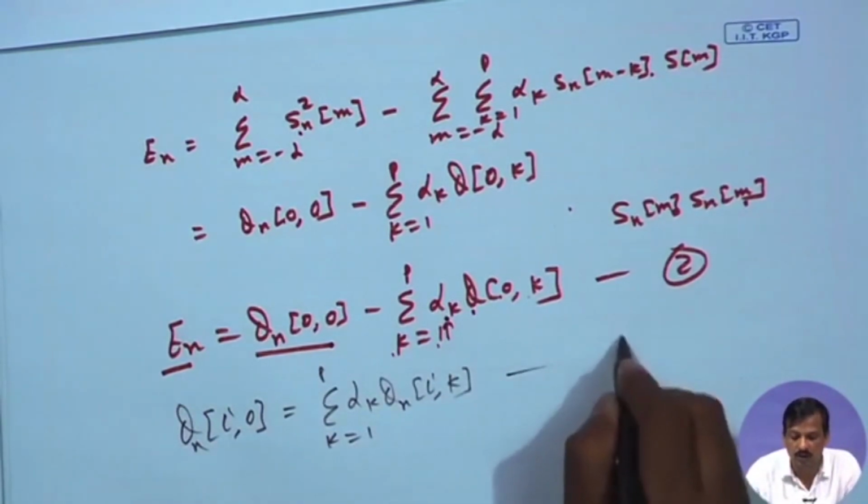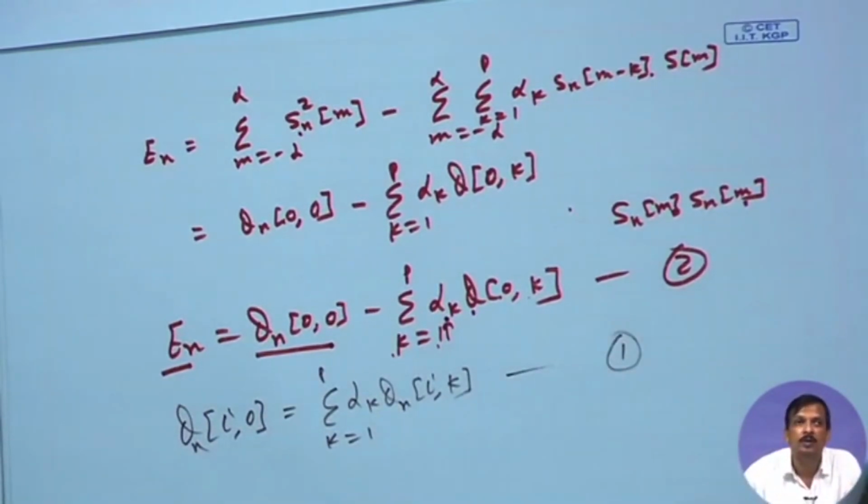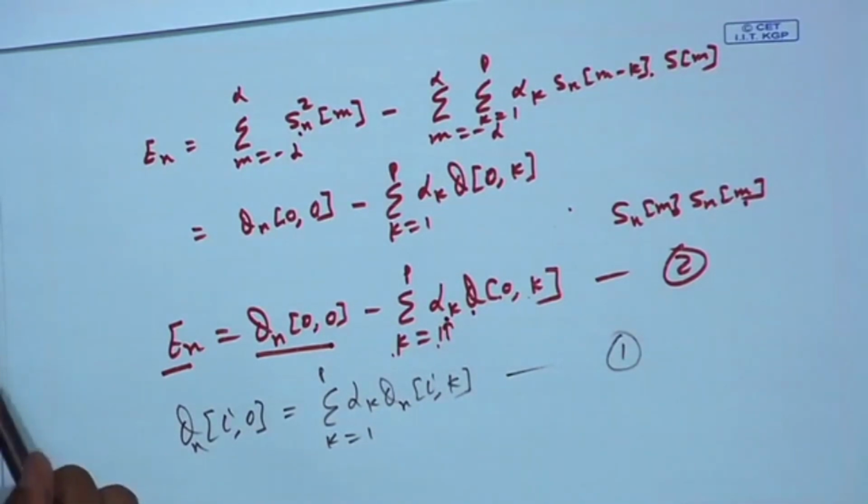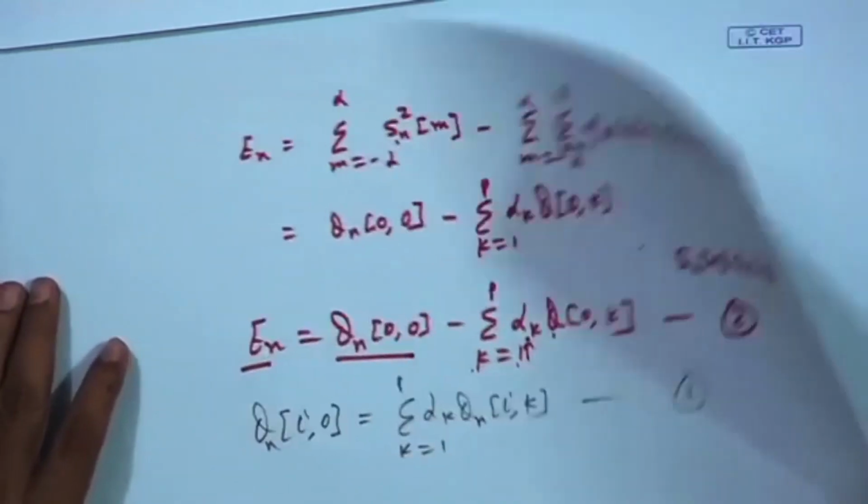Using these two, I have to find the set of values, or solve that matrix. The first method is called the autocorrelation method. So, what is the autocorrelation method?